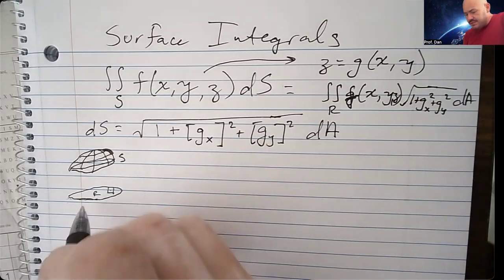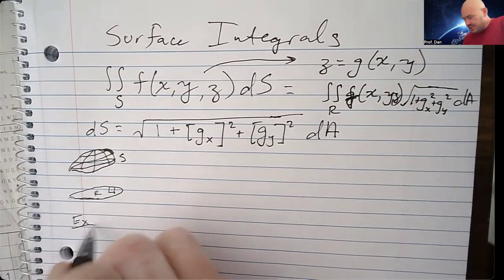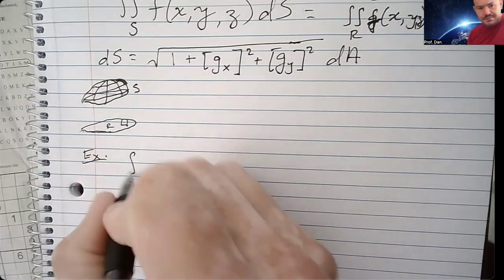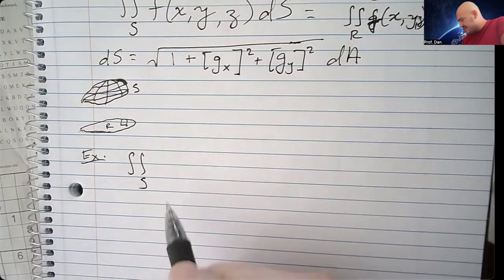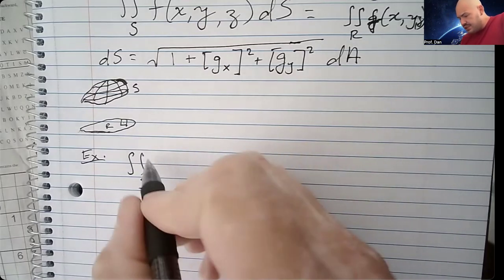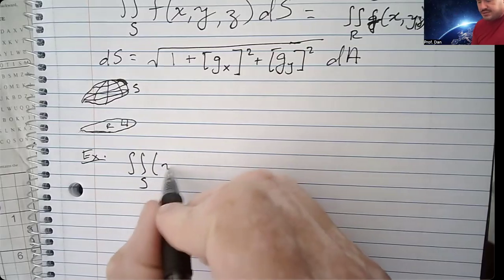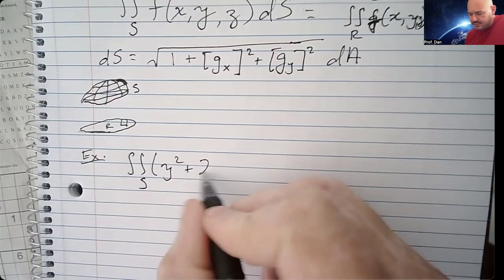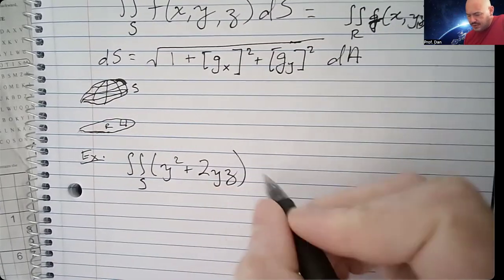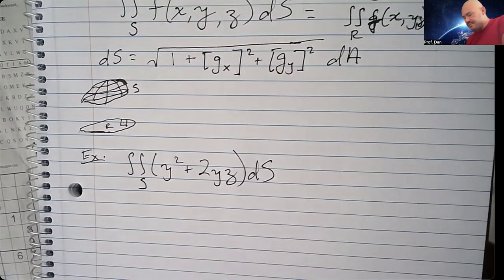Looking at our first example, let's say that we want to evaluate a surface integral over a surface S. The function that we're integrating is y squared plus 2yz dS.